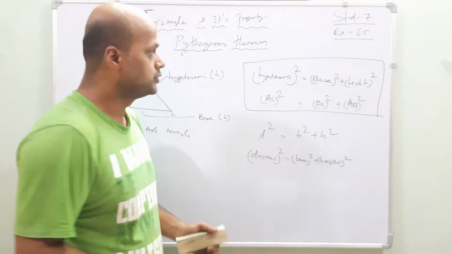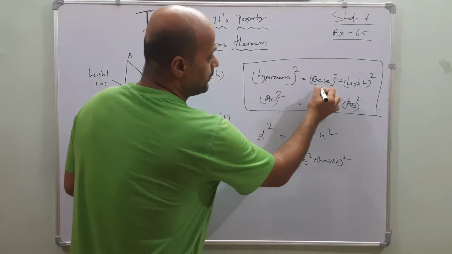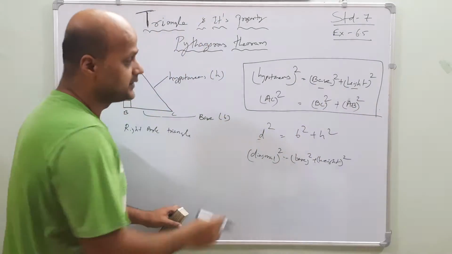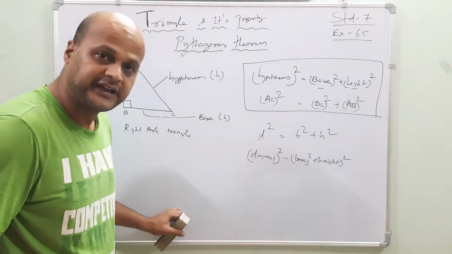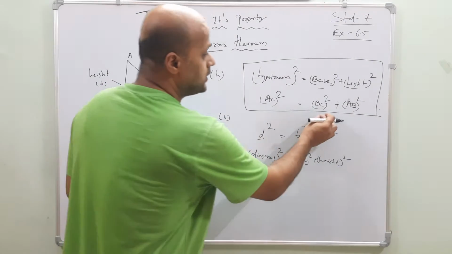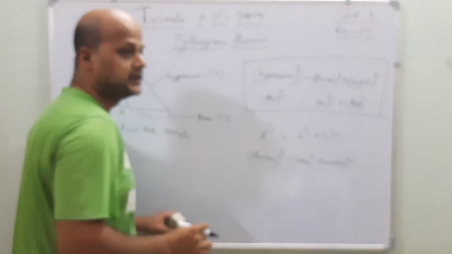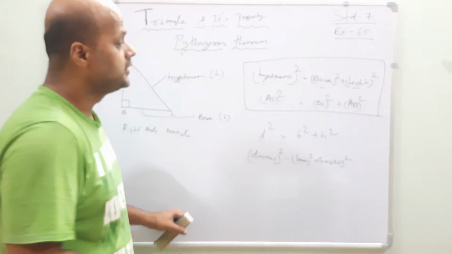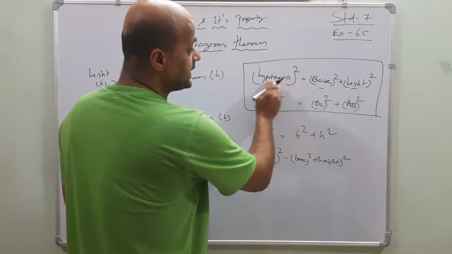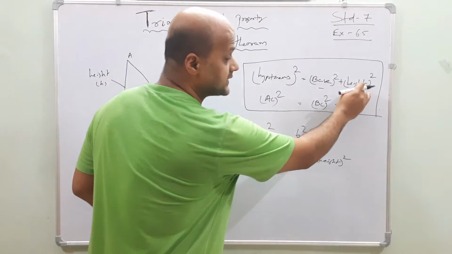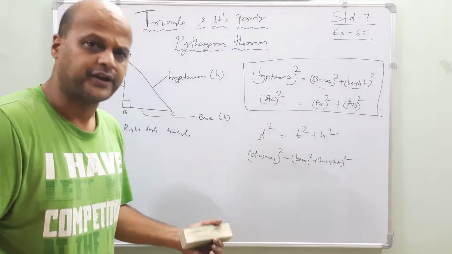Here I will tell you, if base and height are given, then you can easily find the hypotenuse. If the base is asked, and hypotenuse and height are given, then you can also find it. If base and hypotenuse are given and it's asking about height, then you can also find it.